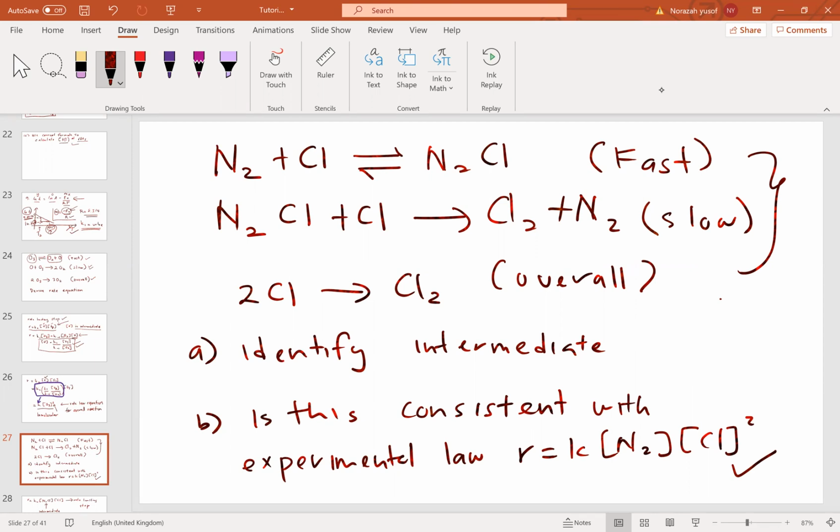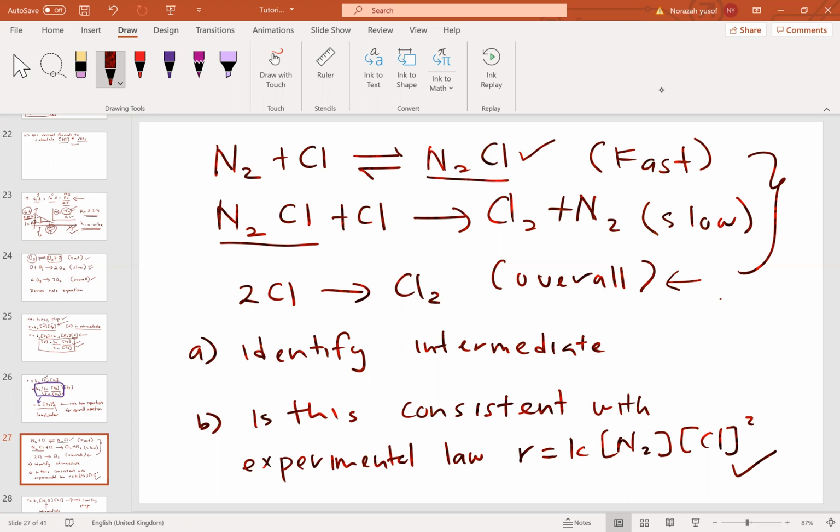How to identify the intermediate? The definition is that an intermediate is produced at the beginning. For example, N2Cl is produced, but in the final overall reaction, the intermediate will not be there anymore. You can see in the overall reaction, N2Cl is no longer there. So N2Cl is the intermediate.